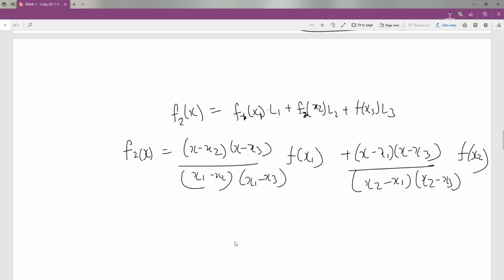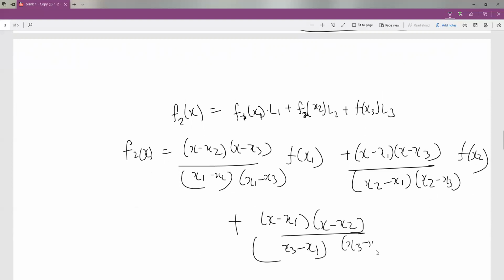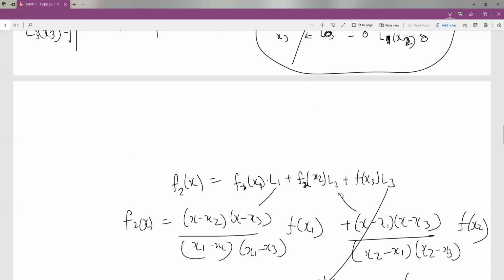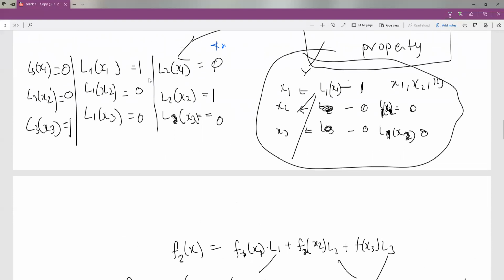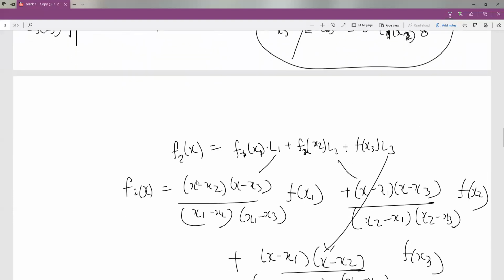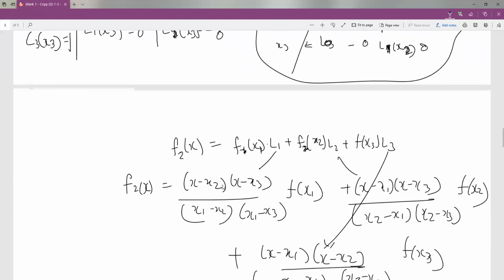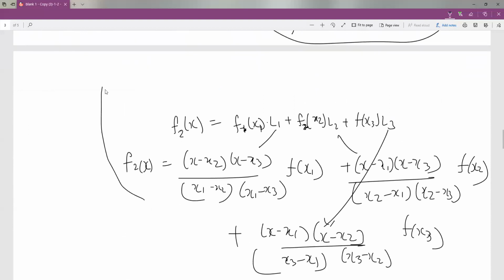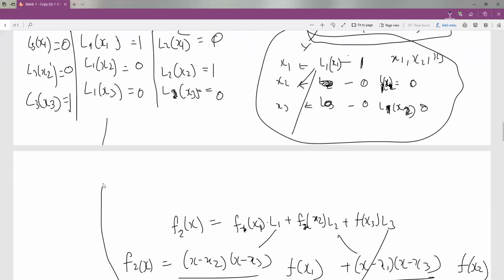And the third quantity will be (x minus x1)(x minus x2) over (x3 minus x1)(x3 minus x2) times f of x3. See, if you take this L1, L2 and L3 and evaluate them at 3 different points, you will see that this entire function follows the Kronecker delta property.